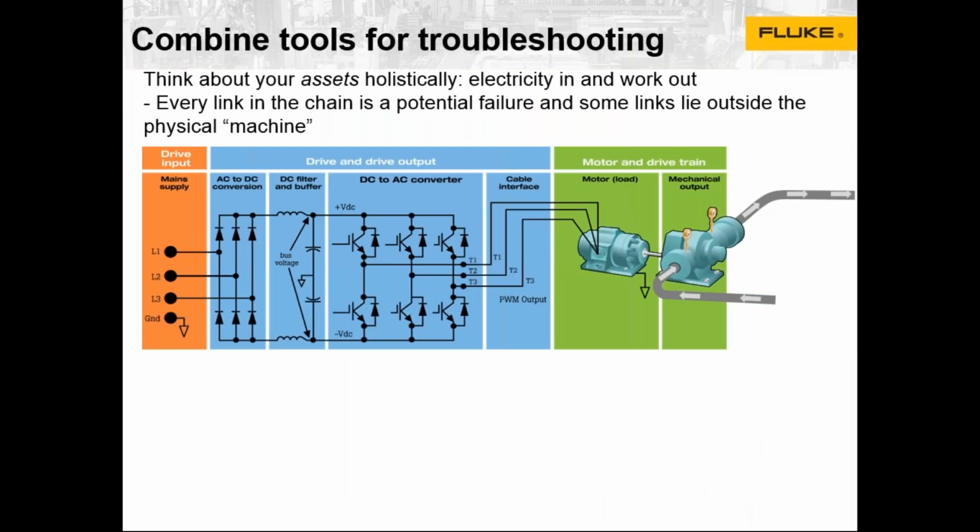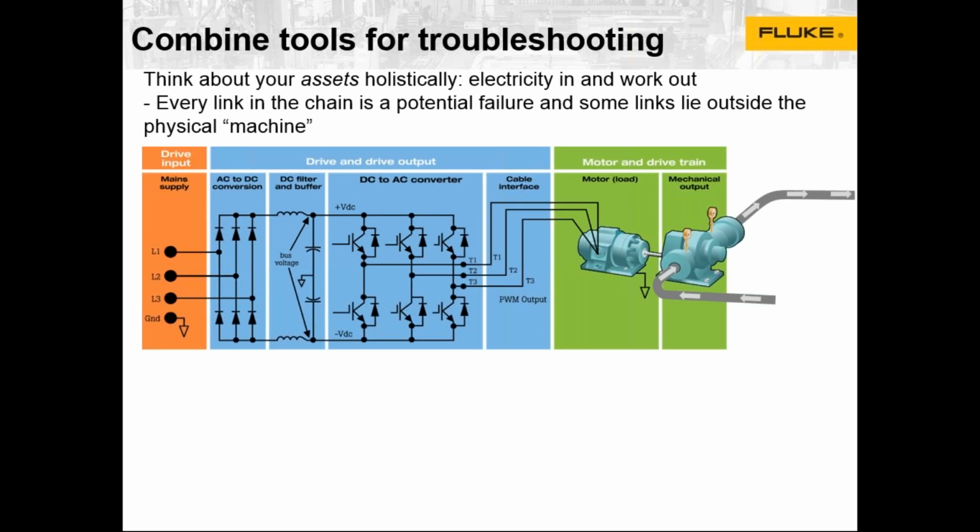Now, we've talked about vibration tools on rotating machinery. Well, there's more to keeping a machine running than just the vibration, just the rotating equipment. Because when you look at a machine, and I was an electrician for many years in the Navy, I know that they would send the mechanics out first. The mechanics would say it's not mechanical, it's electrical. They'd call in the electricians. So think about it.